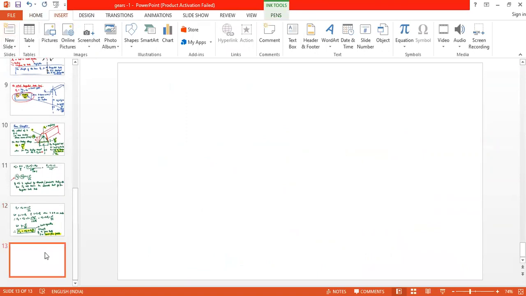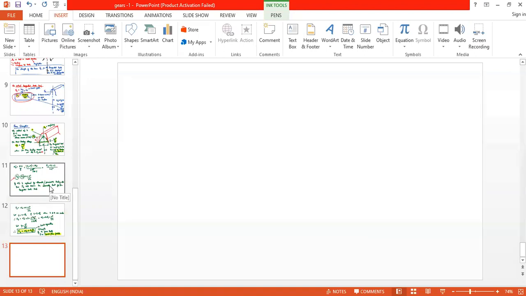Next, here we have used the term sigma W, that is the allowable stress or permissible stress. So what is the value of sigma W? That we need to understand.